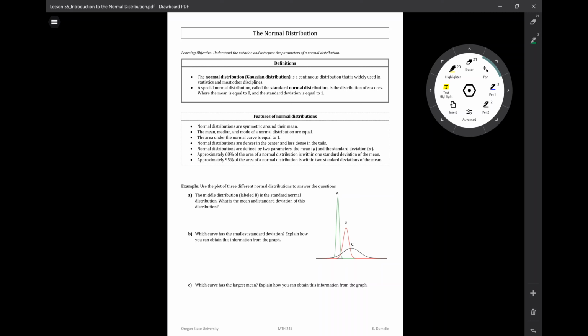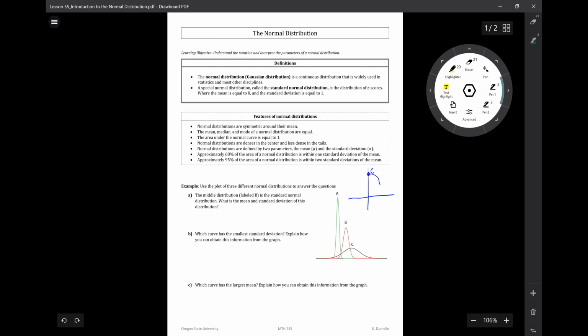One common application of a normal distribution is grades in a class. It's possible that you've heard your professors or instructors talk about the distribution of the grades, right? So if the average grade in a class, for example, is a C, that would be your mean, median, or mode.